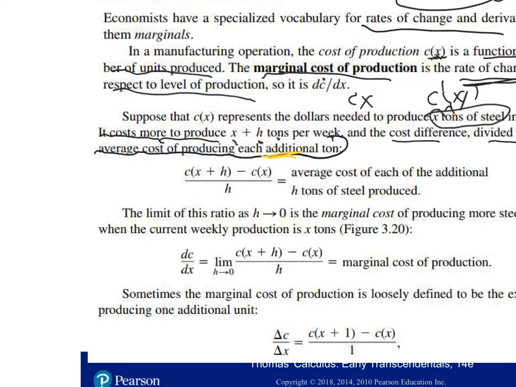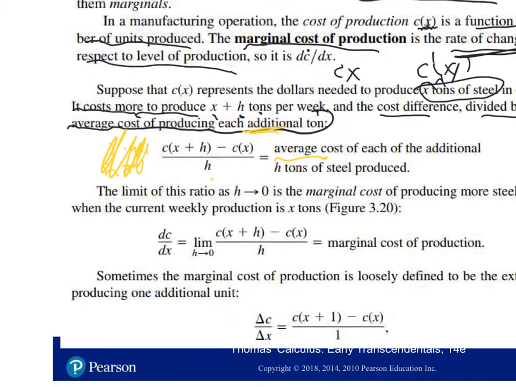So your average rate of change, it's the average cost, will be the same thing as your f of x plus h minus f of x all over h. Again, it's average. Why is it average? Because there's no limit as h goes to 0. Not yet. Okay? So it's the average.